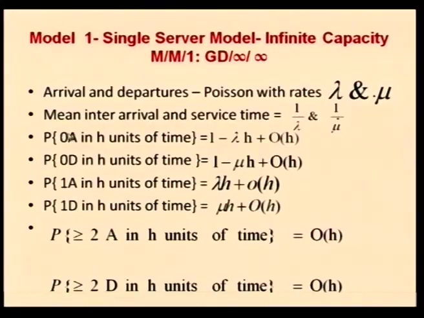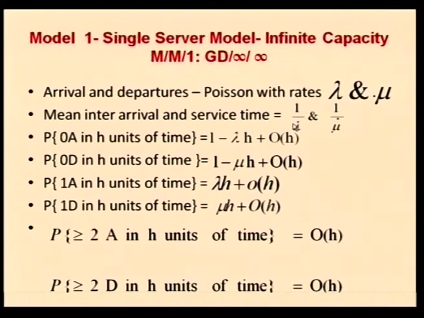So, let us get on to the assumptions of this model. The arrival and the departure processes are Poisson processes, with rates lambda and mu respectively. The mean inter-arrival and service times are 1 by lambda and 1 by mu. Why?